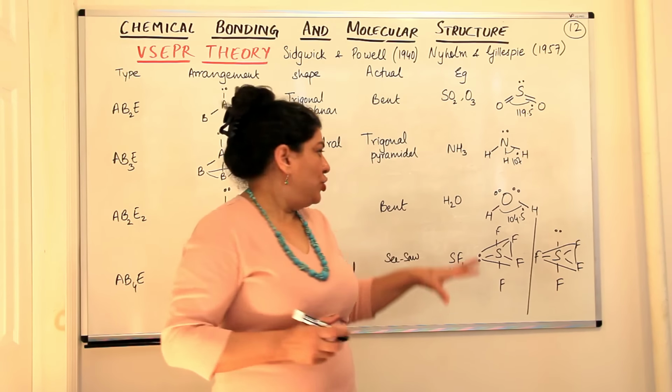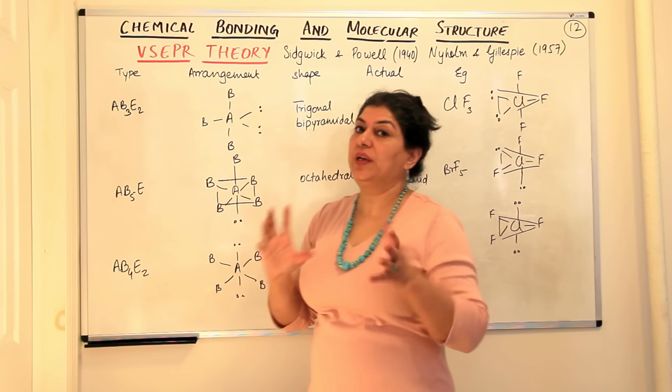But if we had lone pairs at the axial position, since these 3 are at 90 degrees to the axial position, the repulsion would be very high. And this angle is 120, therefore the lone pairs would occupy the equatorial position.